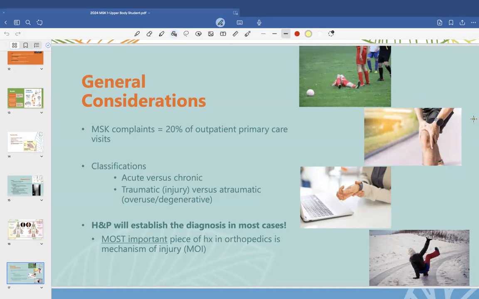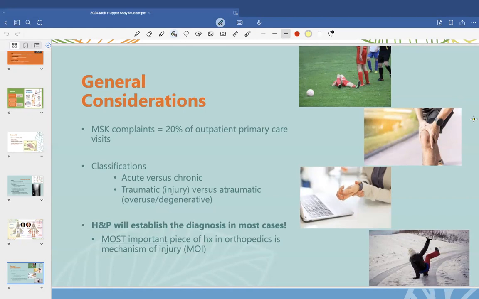We love getting x-rays, we love getting MRIs, but I would argue that you only need those probably 10–15% of the time. So try not to rely too heavily on those, because most of these you can get from a good H&P. The most important piece of history in orthopedics is the mechanism of injury.